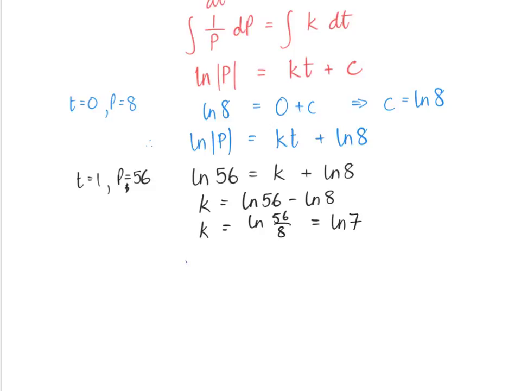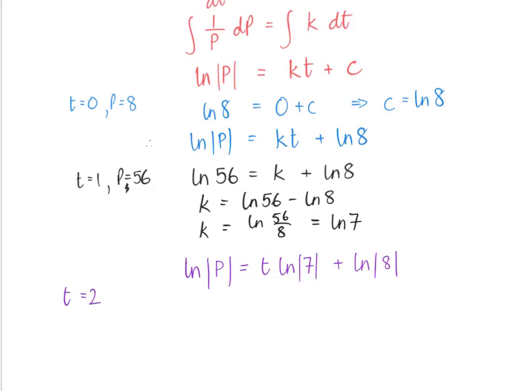So going back to the beginning, we have ln p is equal to k, which was t times ln 7, and c, which was ln 8. And if we now go back to the question, it says find the population at time t equals 2.